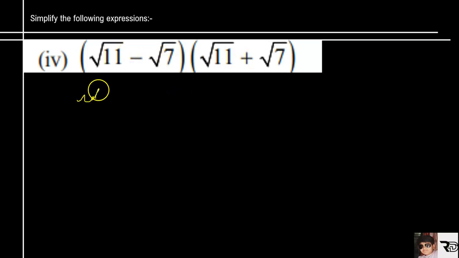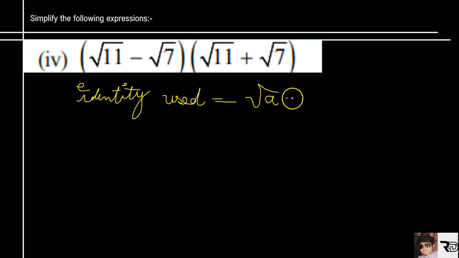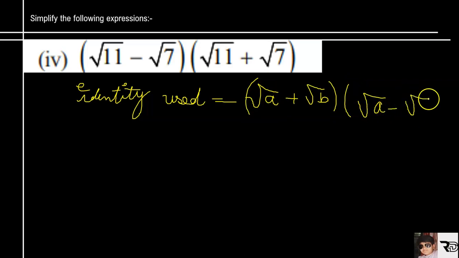So the identity used over here is root a plus root b times root a minus root b would be equal to a minus b.